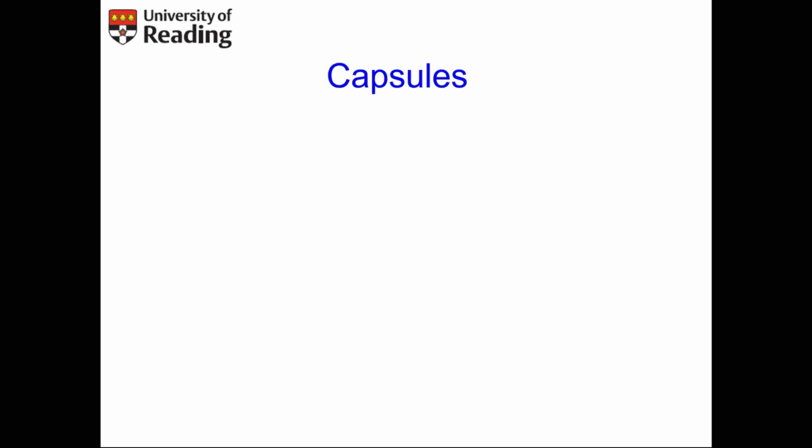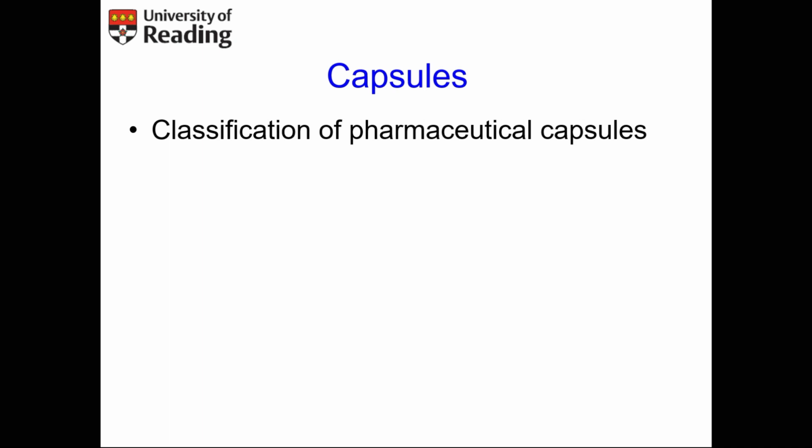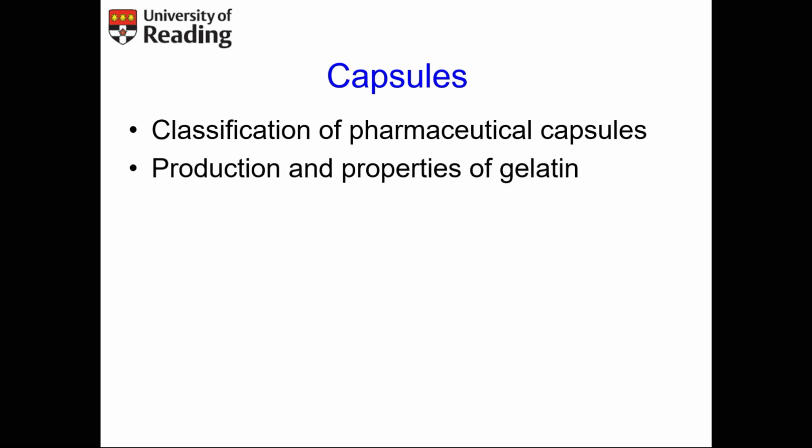Then there were 2 lectures on capsules. First it was hard capsules and second was soft capsules. So you need to know the classification of pharmaceutical capsules into hard capsules and soft capsules. Then you need to know about the production and properties of gelatin.